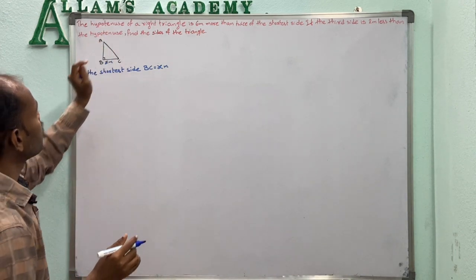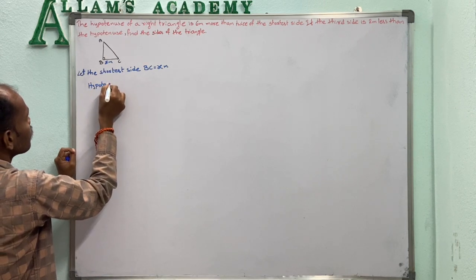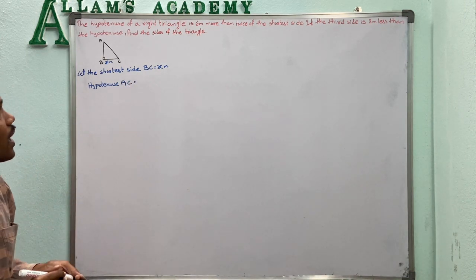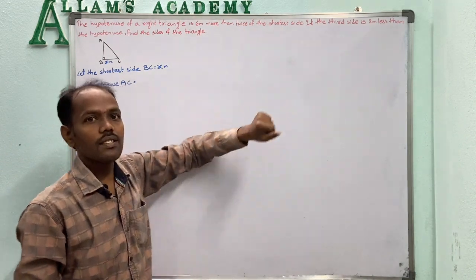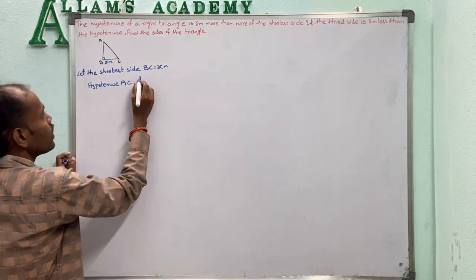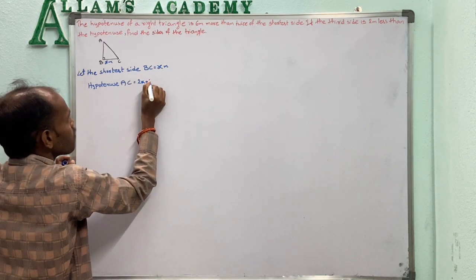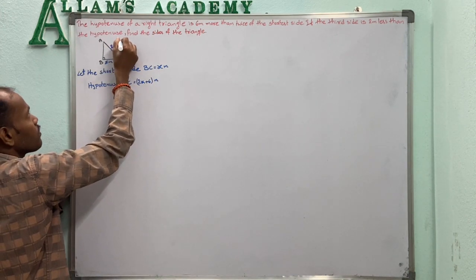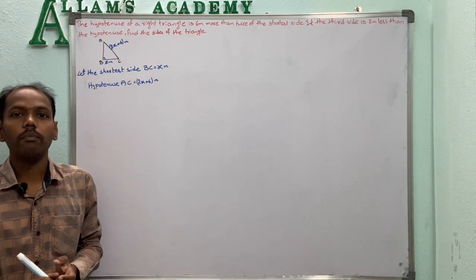Now the hypotenuse AC is, as given, 6 meters more than twice the shortest side. The shortest side x, twice is 2x, and 6 meters more, so 2x plus 6 meters. So the hypotenuse of the triangle is 2x plus 6 meters.